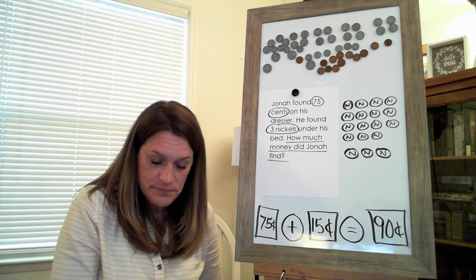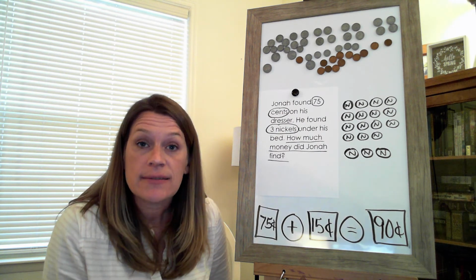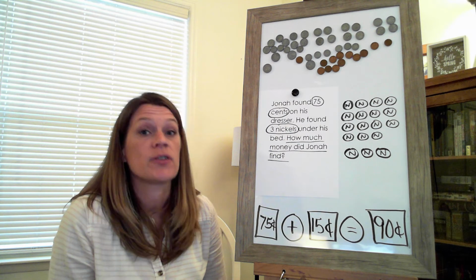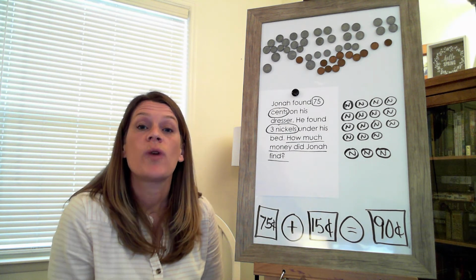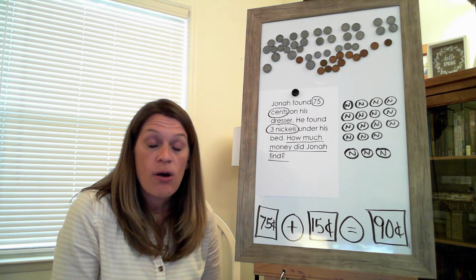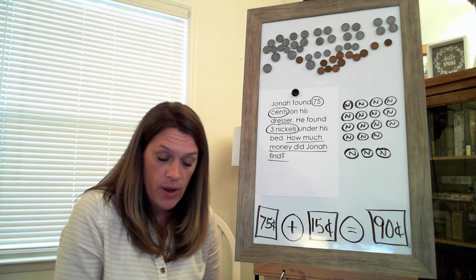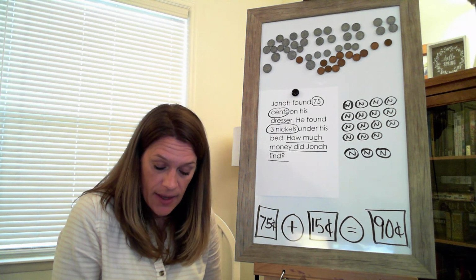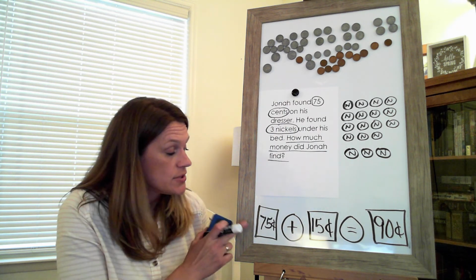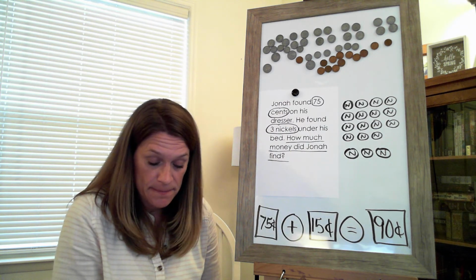Good job. You're also going to make 100 cents with dimes. You're also going to make 100 cents with nickels. You know how to do that. You're going to be shown groups of coins and you have to count them and let me know how much money is shown. And then you have one word problem that's very similar to the ones that we just worked on.